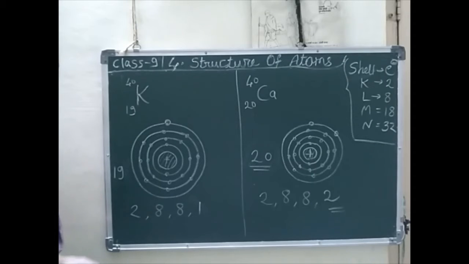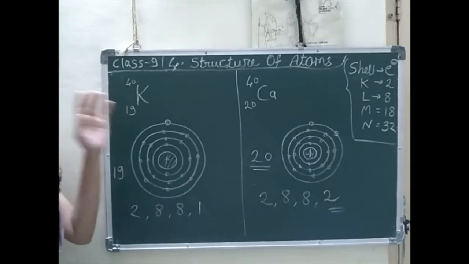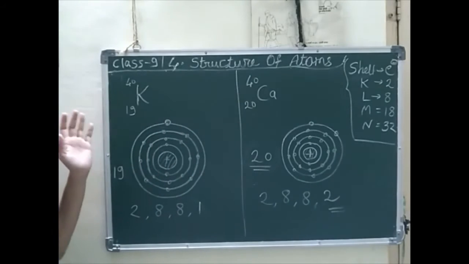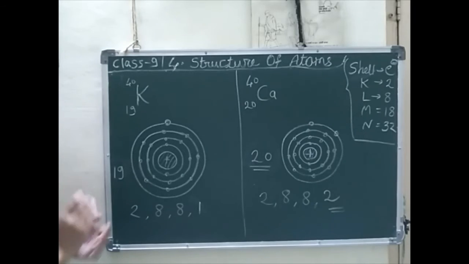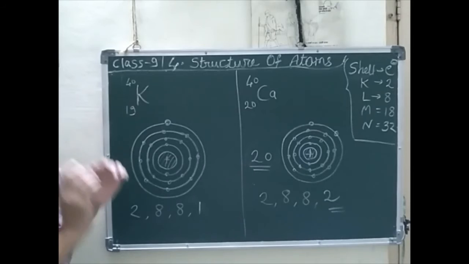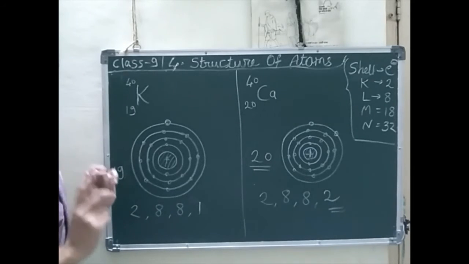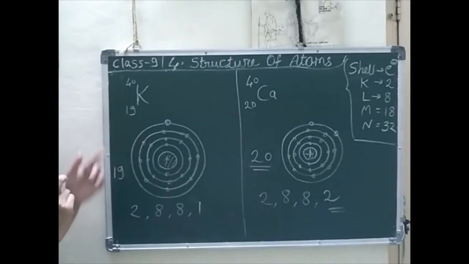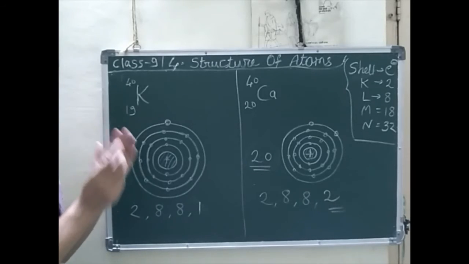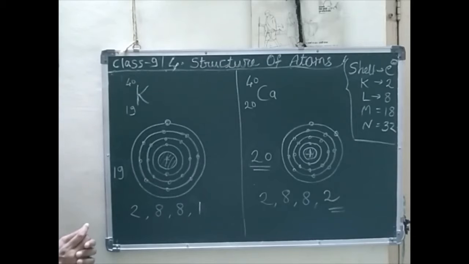Now we will see the atomic structure of potassium and the atomic structure of calcium. These are somewhat different from the atomic structure of the atom with atomic number 18. Up to argon, we have seen argon has a total of 18 electrons.